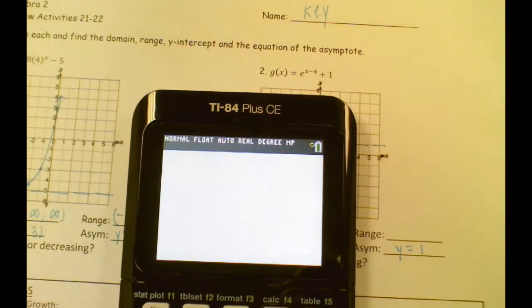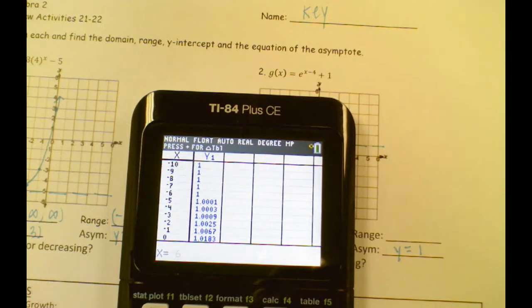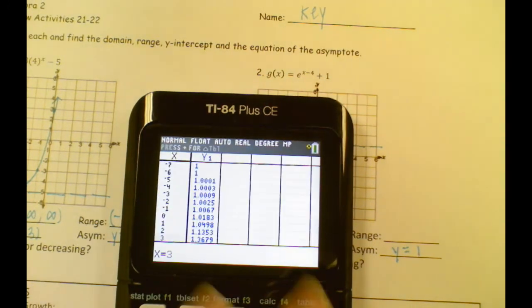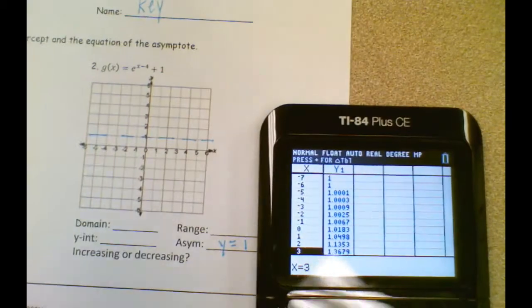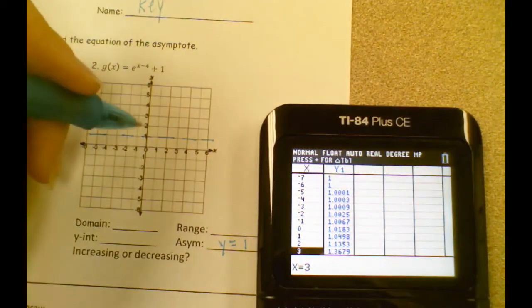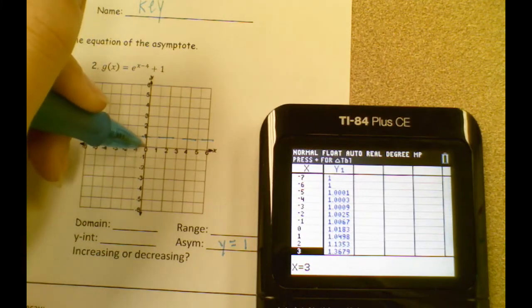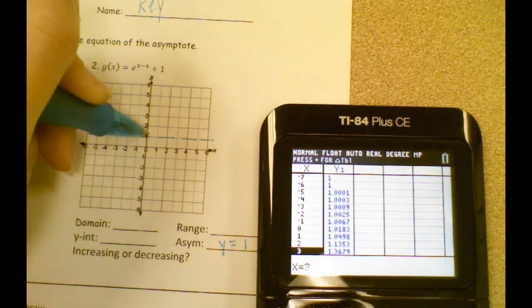All right, let's look here. Yeah, see again how this is 1, 1, 1, 1. That's where your asymptote is. So, oh wow, these are very, very tiny. I want to make sure I plotted that right. Okay, yep. Okay, so looking at my table of values, let's plot 0, 1.01.